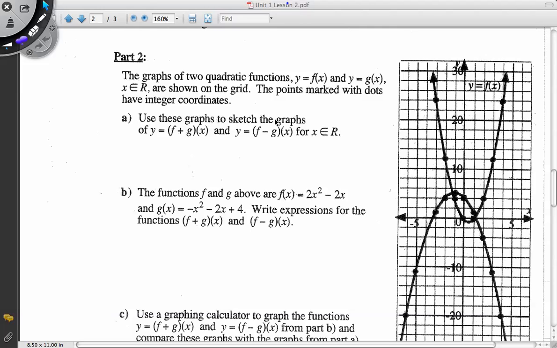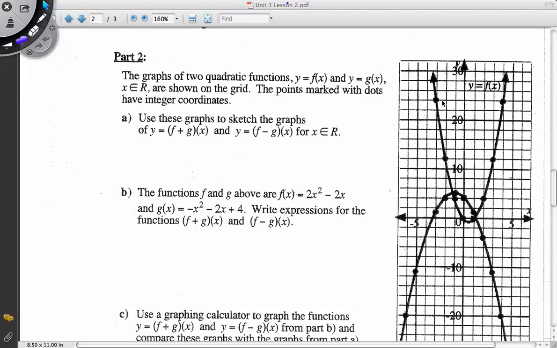Use these graphs to sketch graphs of f plus g, so we're adding the two functions together, or f minus g, where we subtract the functions. So really what we can do when we add and subtract these functions, if we're adding, the value for y is just the two y values added together.